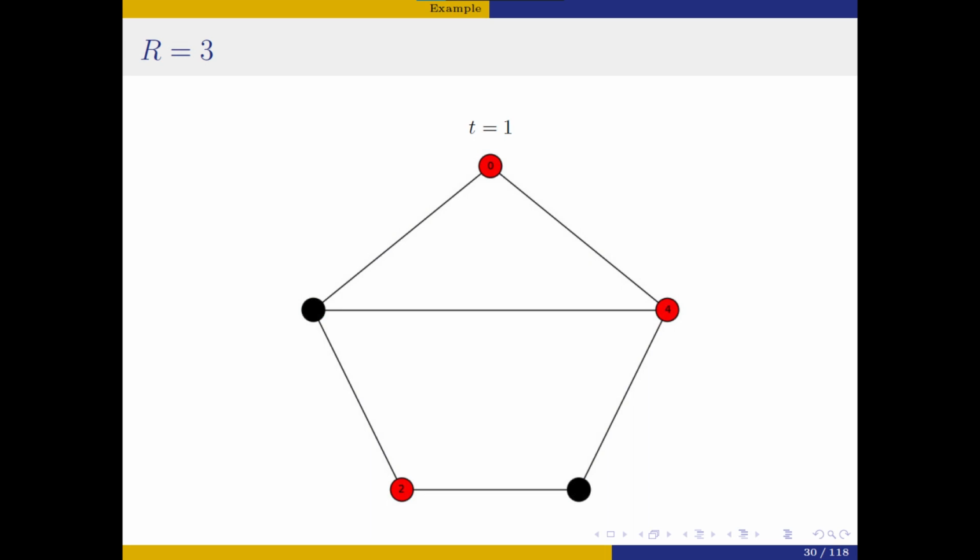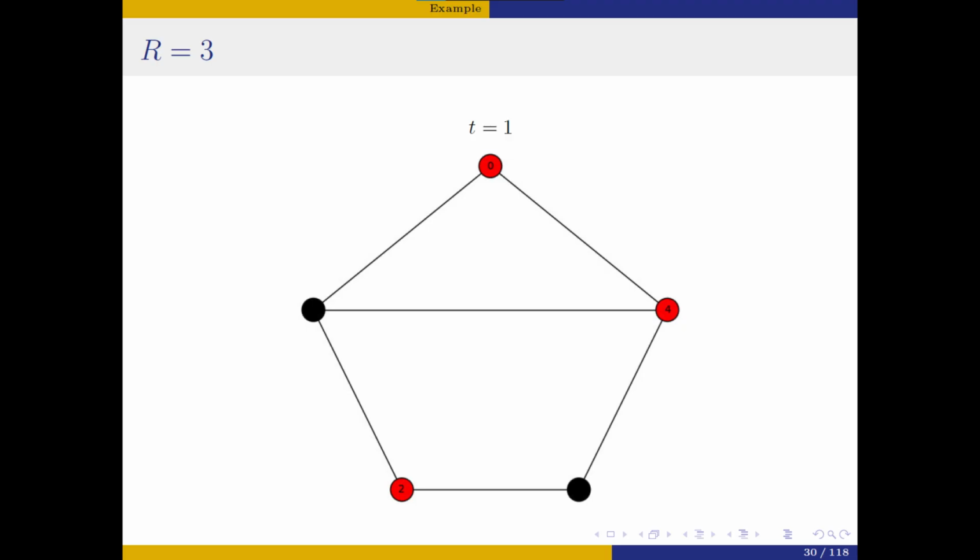Now let's analyze our time t equal 1. We know that the infected vertices in the next time step will be dead. But among the dead vertices, we observe that there is one dead vertex that has 3 infected neighbors, and since our constant r in this case is equal to 3, then this vertex will be infected in the next time step.